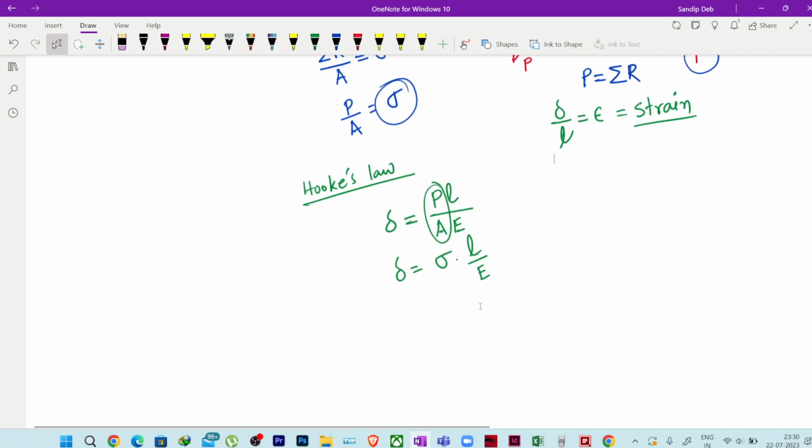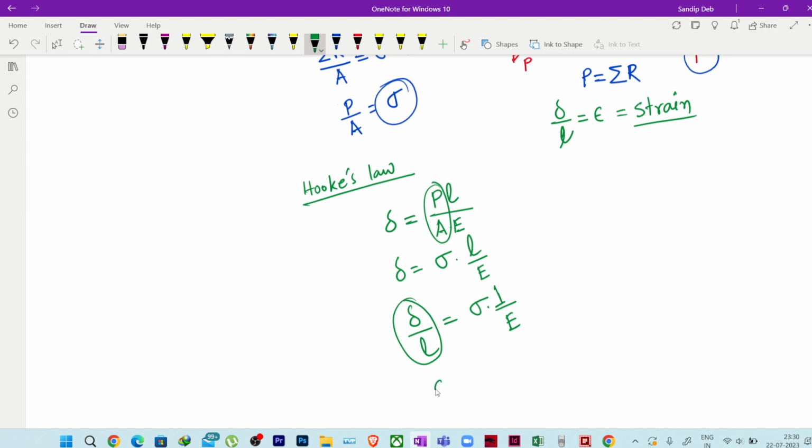So if I now do it like this, I take L here, so I will say stress multiplied by 1 by Young's modulus E. Correct? Fine. So now this thing we can replace by epsilon. So epsilon equals sigma by E. Okay.